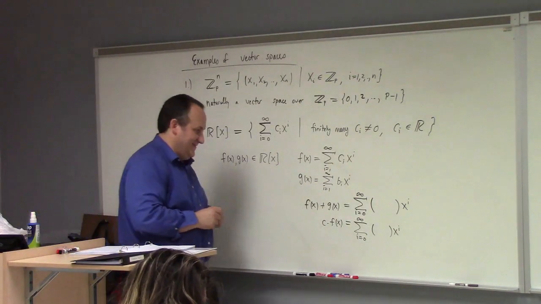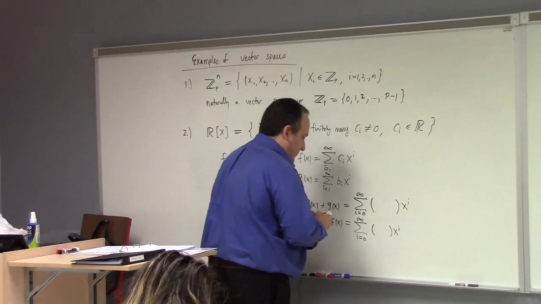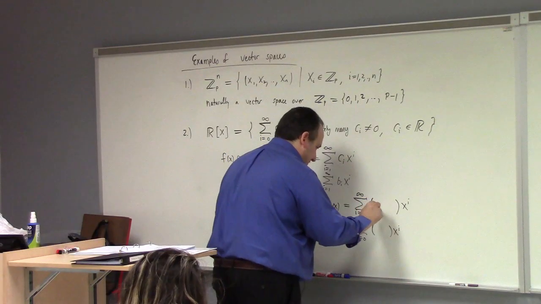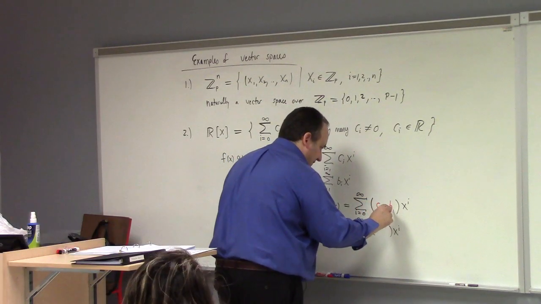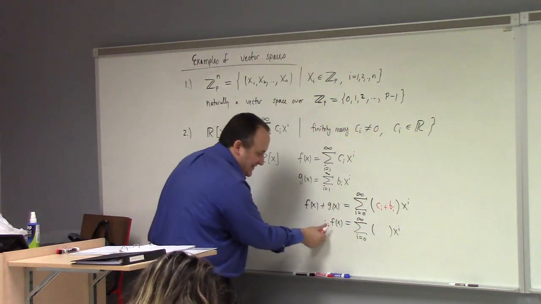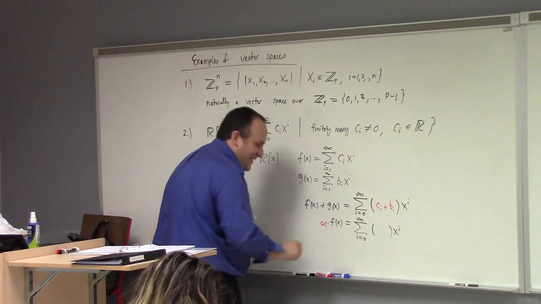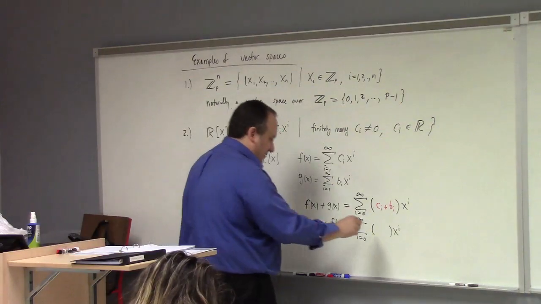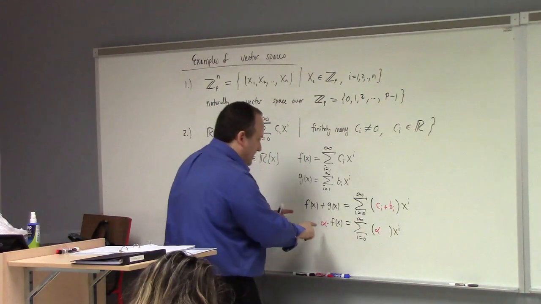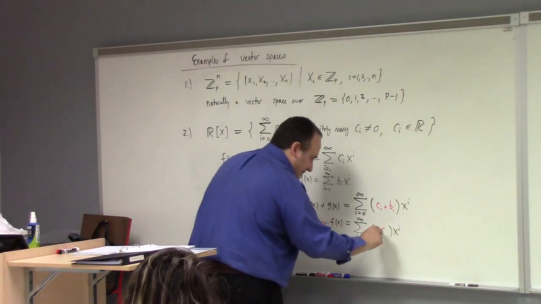Someone try, yes. Is it not just c_i plus b_i? We have a winner, yes. And very poor choice in scalar. Let's change that c to an alpha. How about alpha times what? Alpha c_i, right?